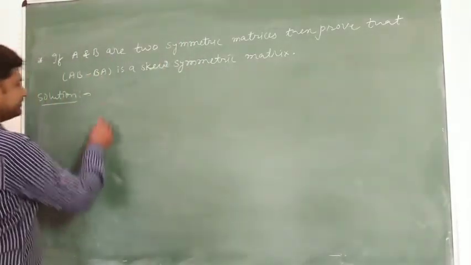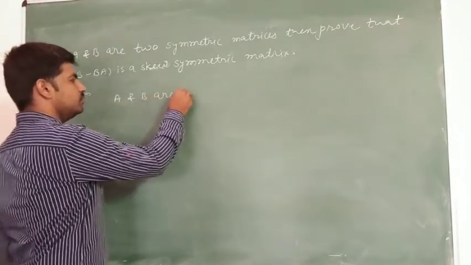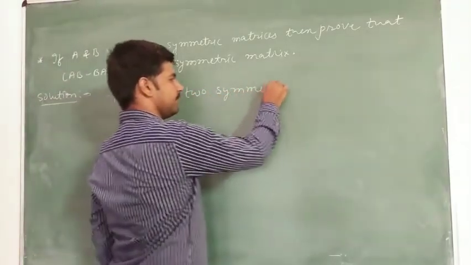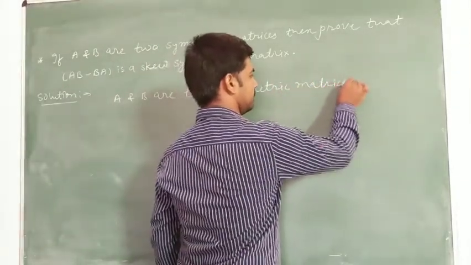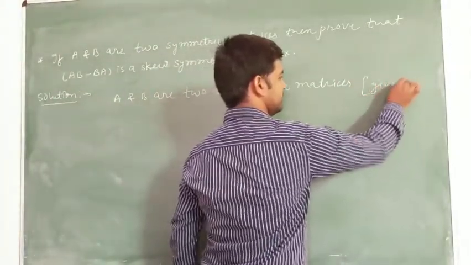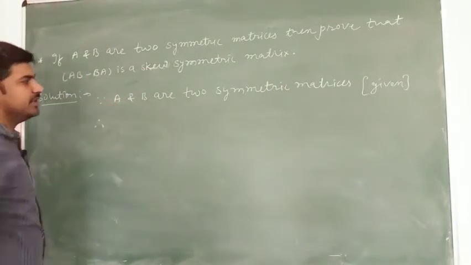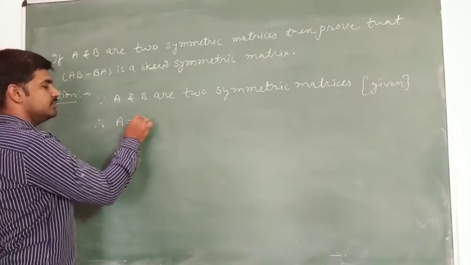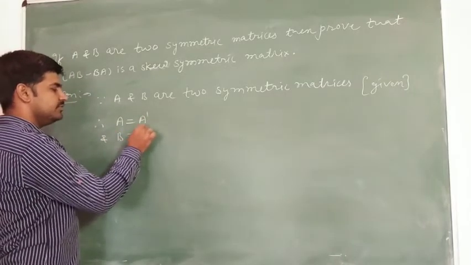Therefore, since A and B are two symmetric matrices, A is equal to A dash and B is equal to B dash.